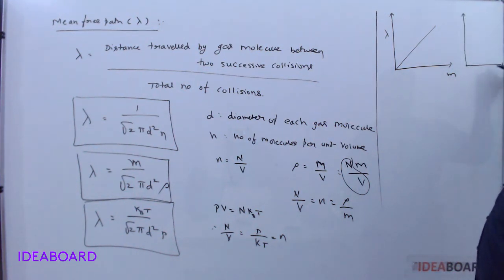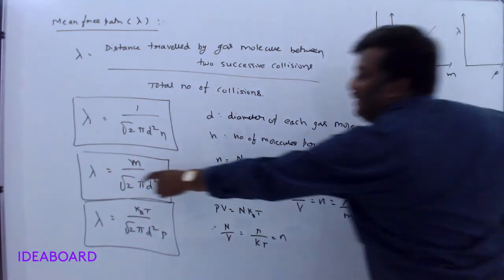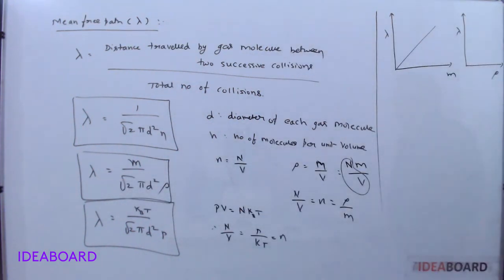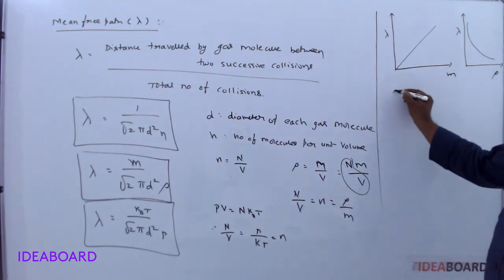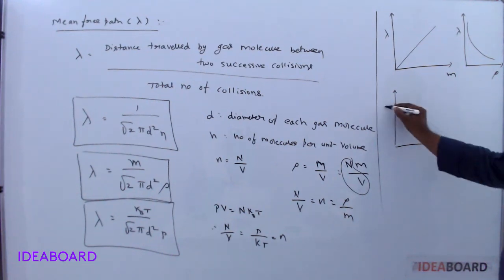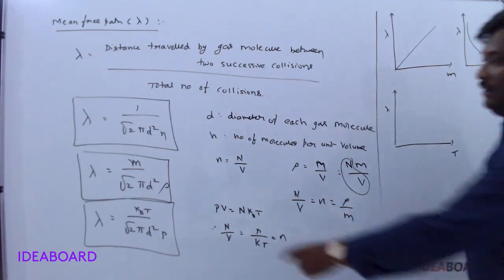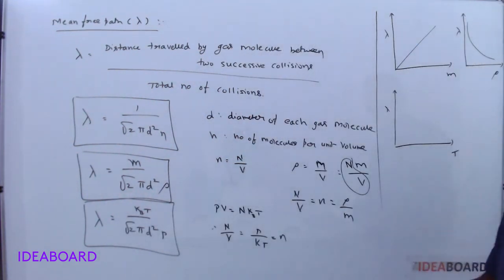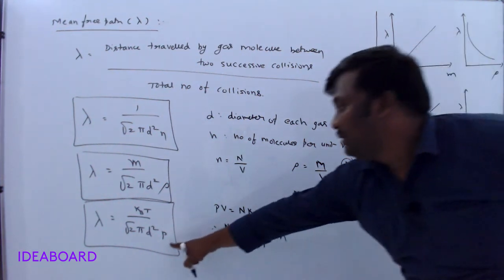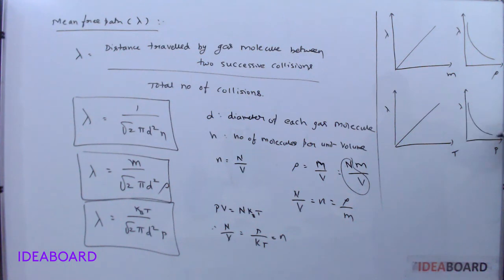If you draw a graph between lambda and density, they are inversely proportional, so it is a rectangular hyperbola. If you draw a graph between lambda and T at constant pressure, it is a straight line passing through the origin. At constant temperature, lambda and pressure are inversely proportional, again a rectangular hyperbola.